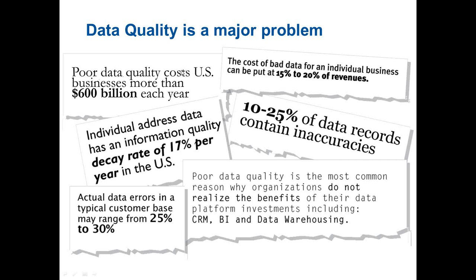Poor data quality costs US businesses more than 600 billion each year. Or somewhere you can see that 10 to 25% of data records contain inaccuracies. Or inaccurate data records in a typical customer base may range from 25 to 30%. So these are all losses for the business. Why? Because they are not maintaining their data properly.